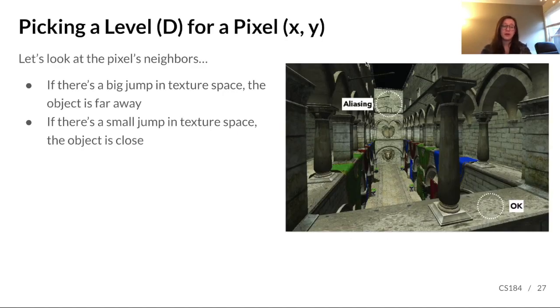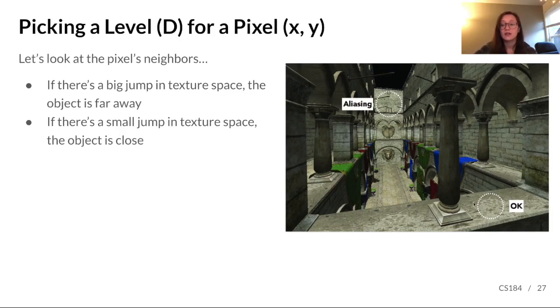Now that we know about mipmaps, how do we actually determine which level of the mipmap to use when sampling? We need to do this by looking at the neighboring pixels. Let's consider this very close up part of the image. If we take our XY pixel here and a neighboring pixel and translate both into texture space, the difference between these two UV coordinates will be quite small since we're sampling our texture very finely.